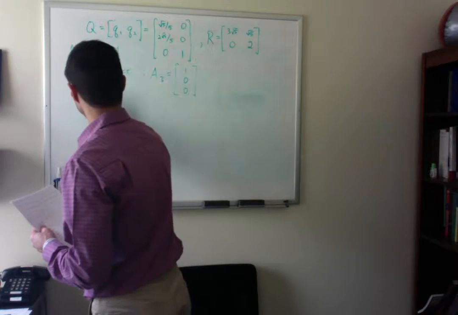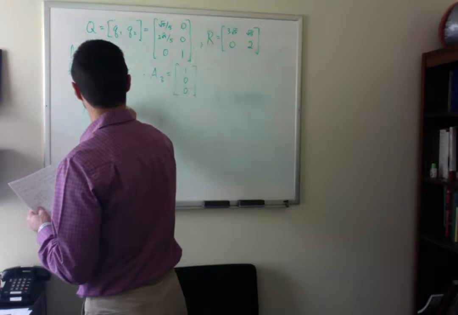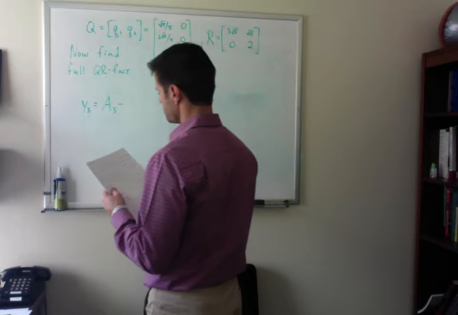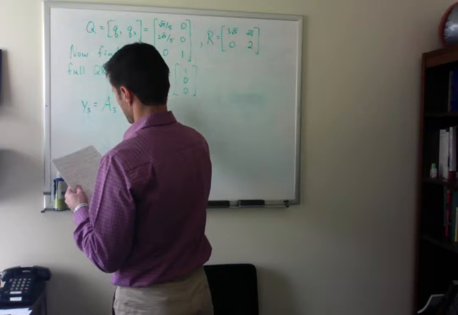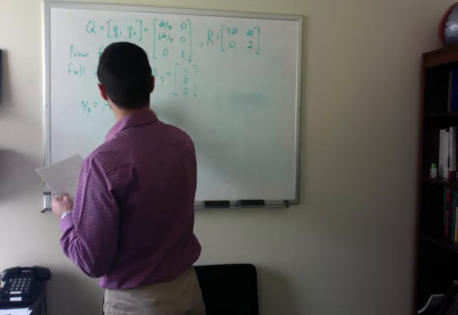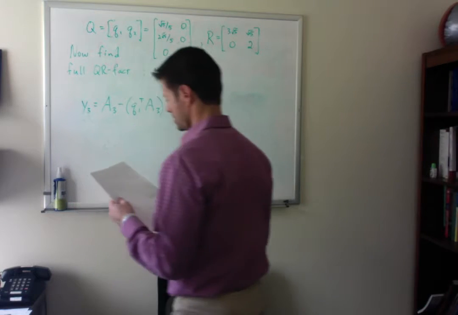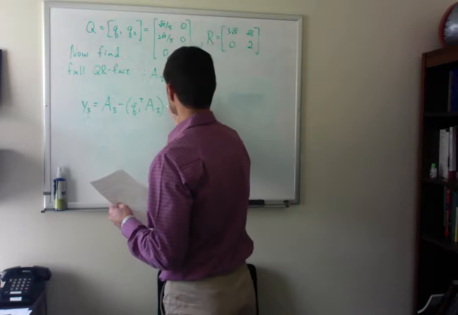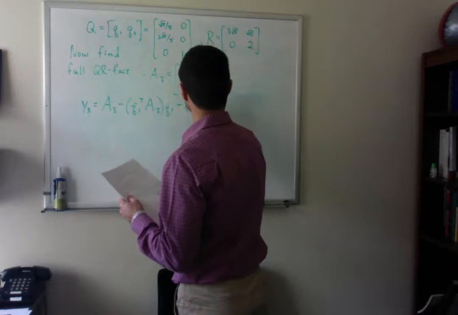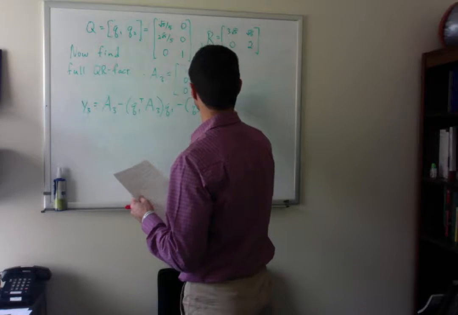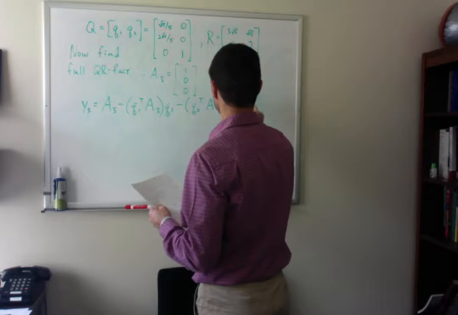We're going to set Y3 equal to A3, and then minus a dot product, where we do Q1 transpose A3, or Q1 dotted with A3, and then this is times Q1, and then subtract out Q2 transpose A3, or Q2 dotted with A3, and then this is times Q2.